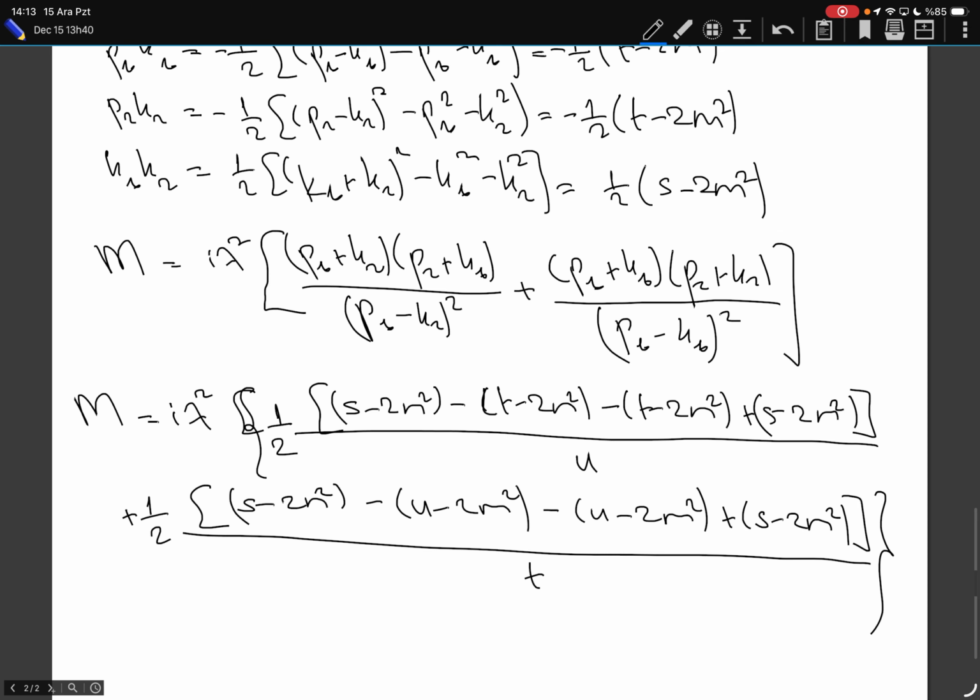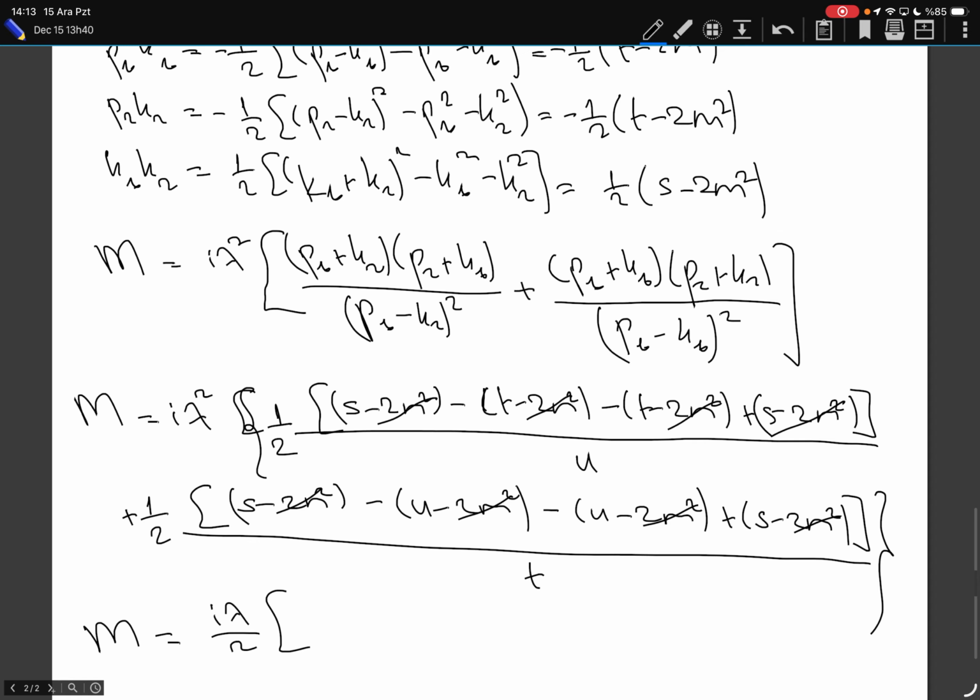Well, let's see, M squares will cancel. So the invariant matrix element would be just I lambda over 2. There is actually no 2 there at the end, because 2s plus minus 2t.